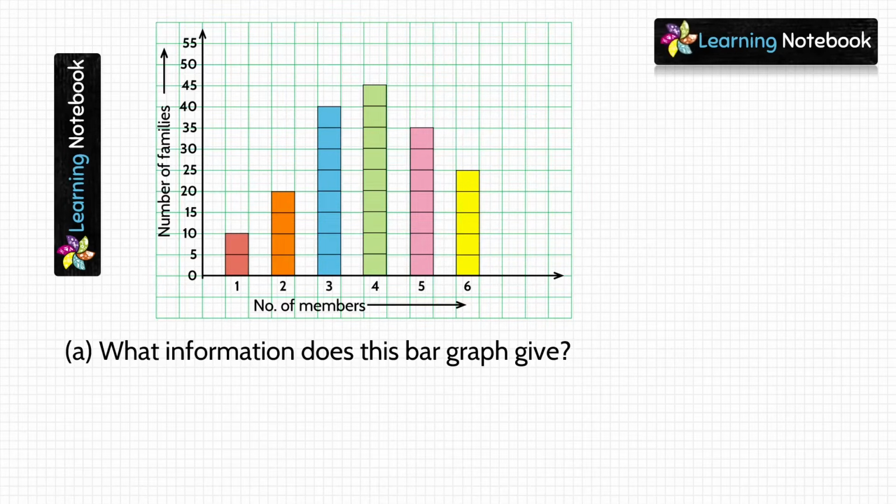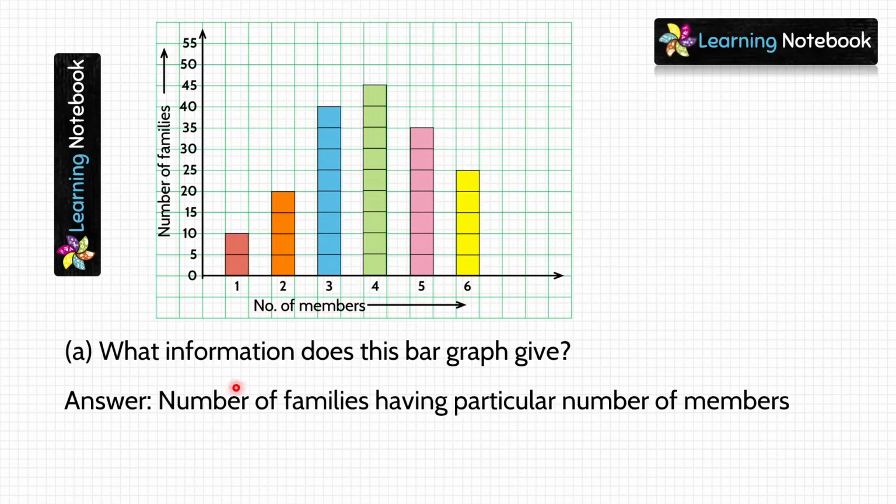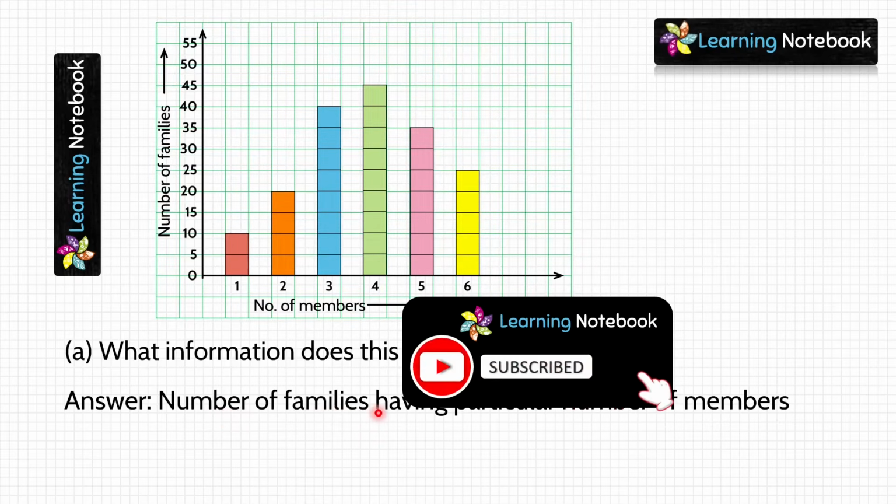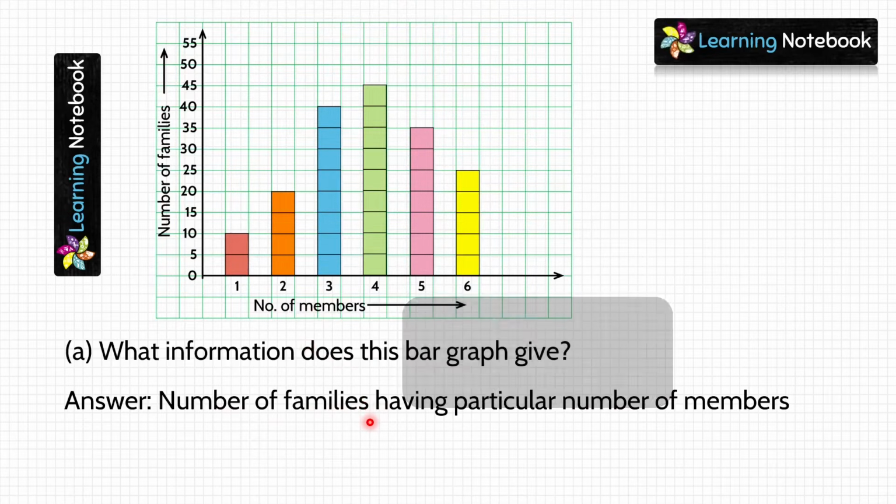So here students, as you can see, the vertical axis represents number of families and the horizontal axis represents number of members. So it means this bar graph is presenting the information about number of families having particular number of members.